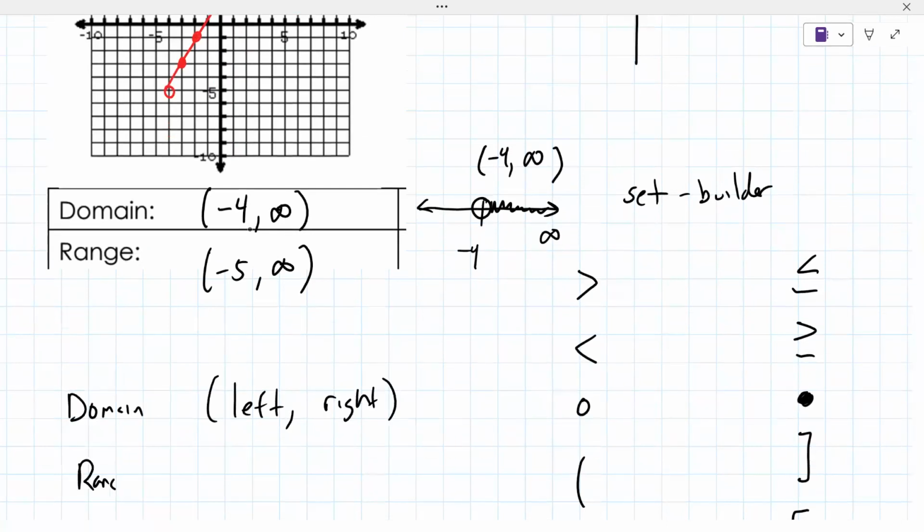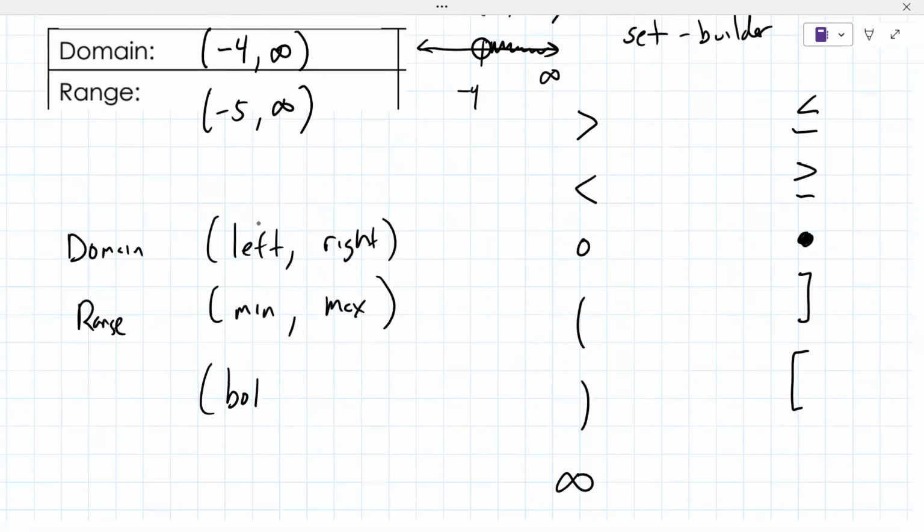For range, it's min to max. Sometimes students prefer bottom to top, and it could be brackets as well, could be parentheses, depends on.